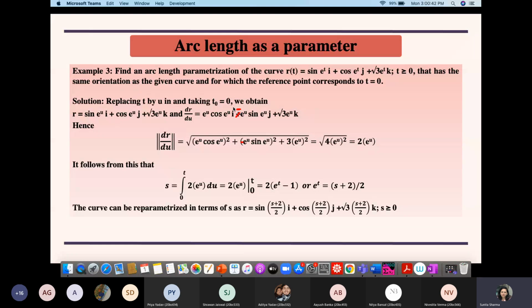But again, if a topic is mentioned in the syllabus, then we should do it; here it is not mentioned. If you refer to Anton's book, you will find some additional types of questions in the same section, 12.3.